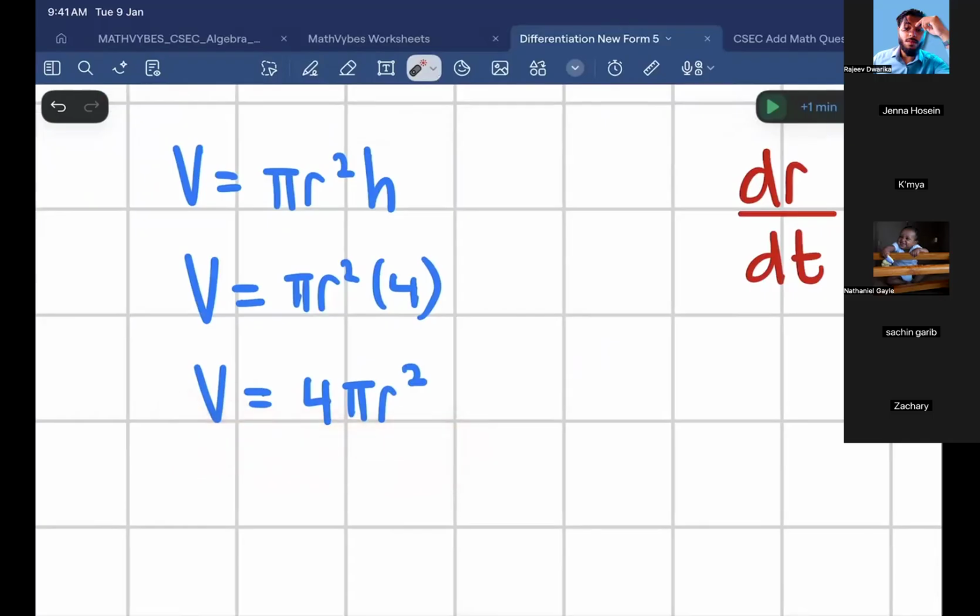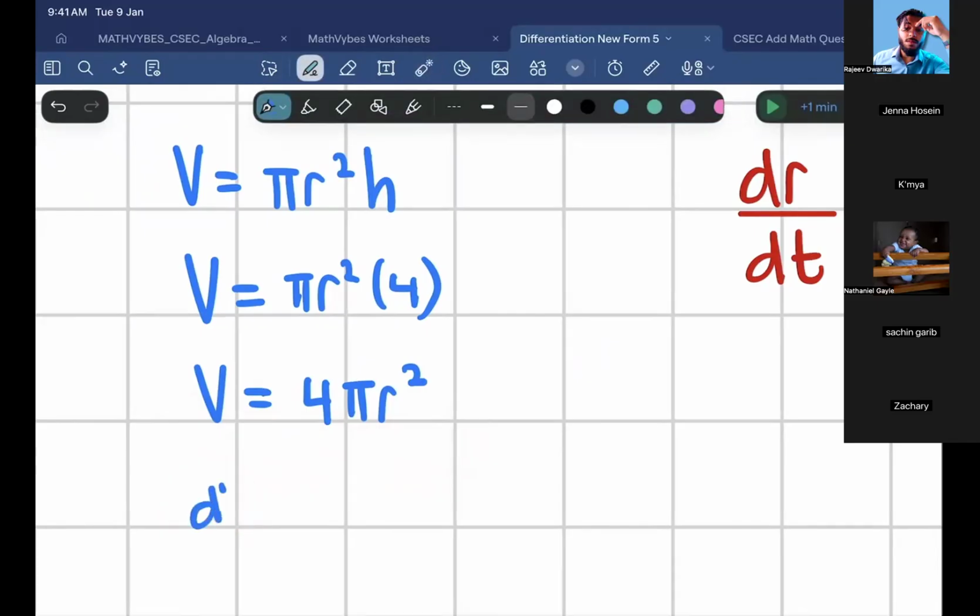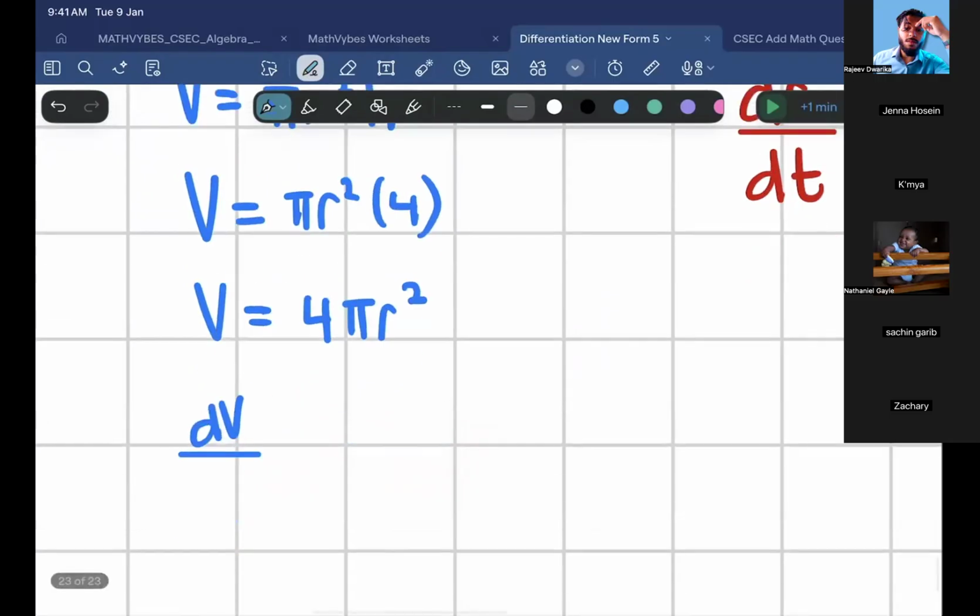Right, remember, Jenna, you can't differentiate with respect to height because in this case, height is a constant. So the only thing you could really do is differentiate volume with respect to radius. And that will be what? 8 pi r. Right? Wait, give me a second.